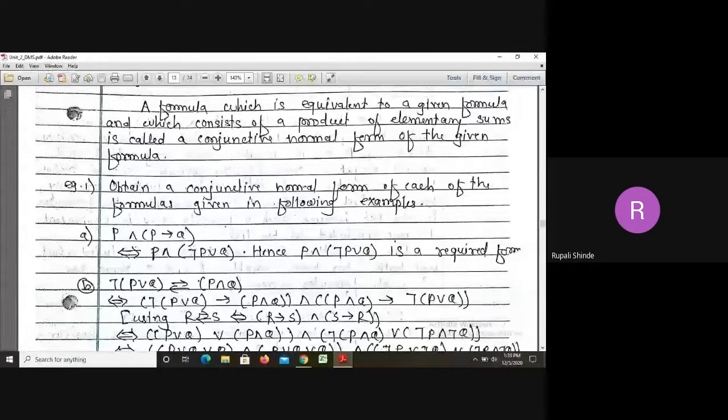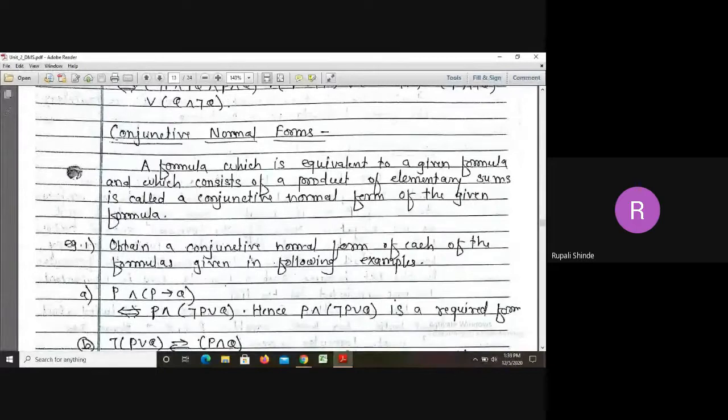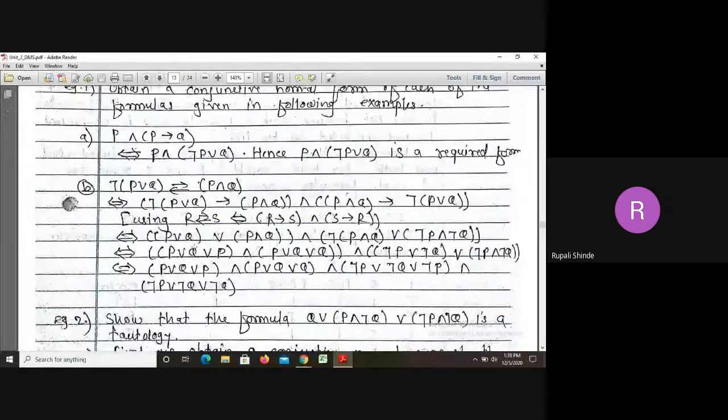Sum should be there inside the bracket and product should be outside the bracket. So this is the product and this is the sum. So we got here the product of sum formula. That's why this is a correct answer for CNF. So again the same example is given, the formula is given, we just have to replace R and S by the respective terms and then you will get the correct form.